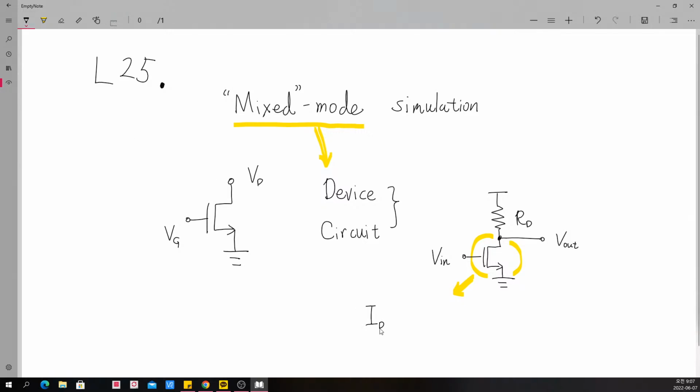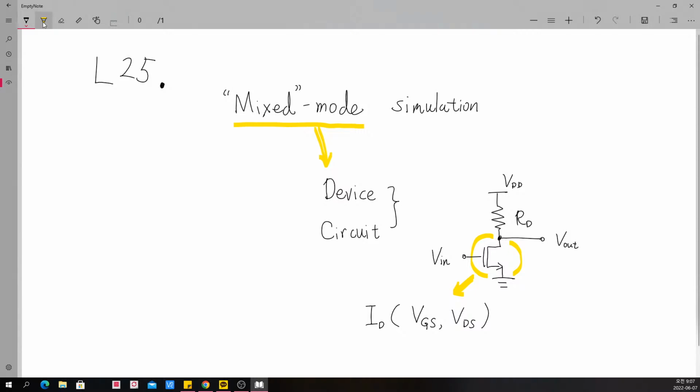Once we know the drain current I_D as a function of gate-source bias and drain-source bias voltage, and we get this table or some model for this transistor, after that we can apply Kirchhoff's current law. Let's say this is V_DD.